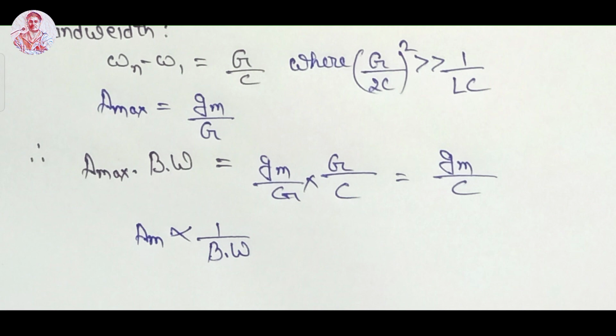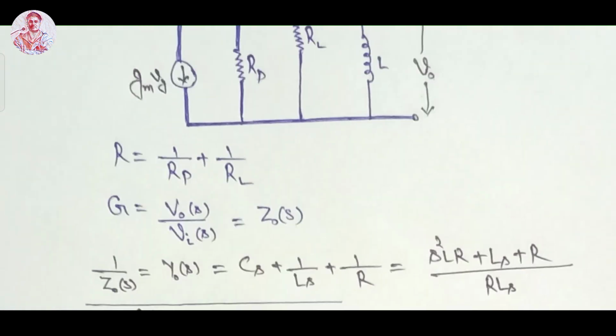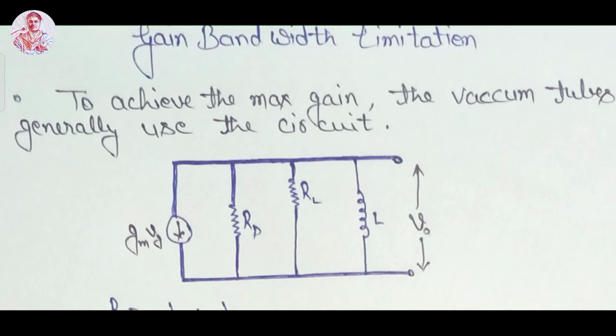This relation is independent of the frequency. To achieve higher gain, we need lower bandwidth, and with higher bandwidth, the gain gets reduced. This is also known as the gain bandwidth product limitation in conventional tubes.